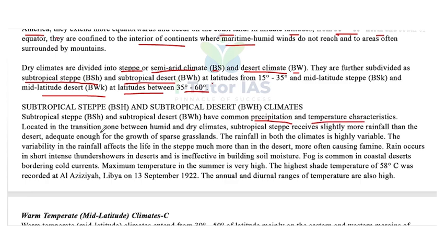Located in the transition zone between humid and dry climates, subtropical steppe receives slightly more rainfall than the desert, adequate enough for the growth of short grassland. The rainfall in both the climates is highly variable. The variability in the rainfall affects the life in the steppe much more than the desert.